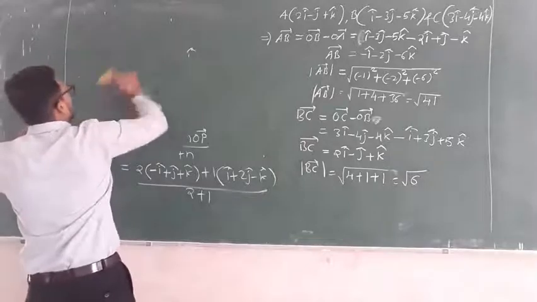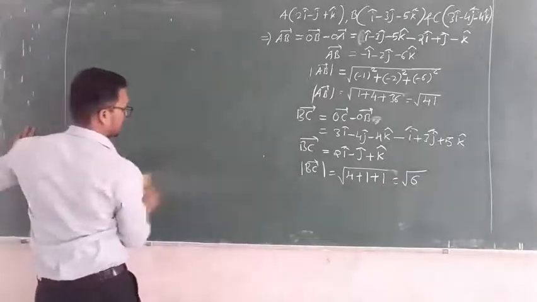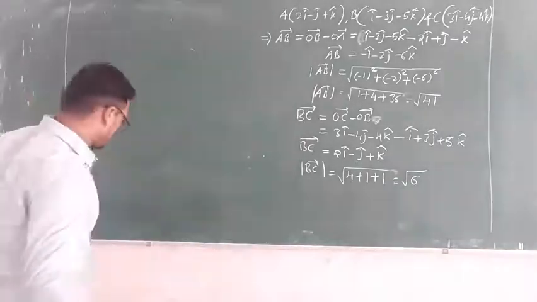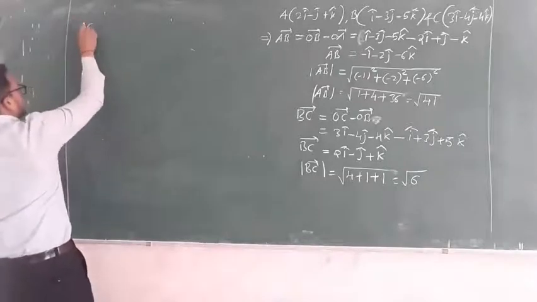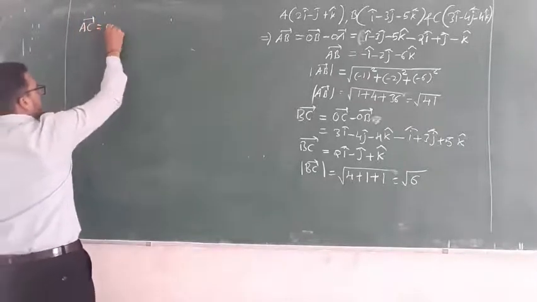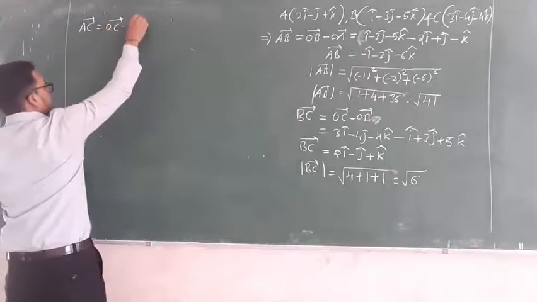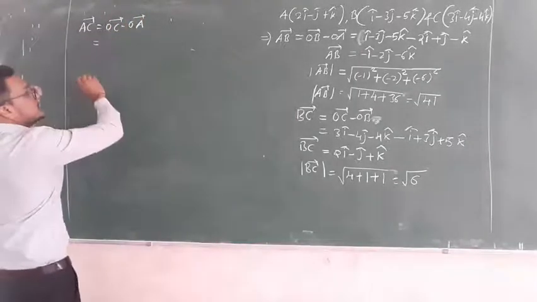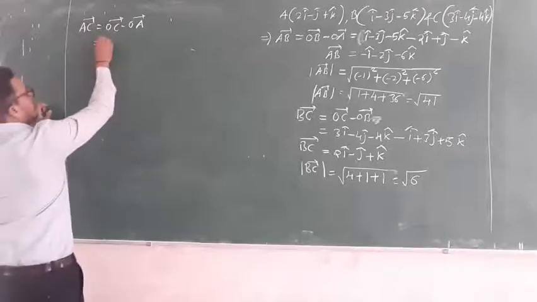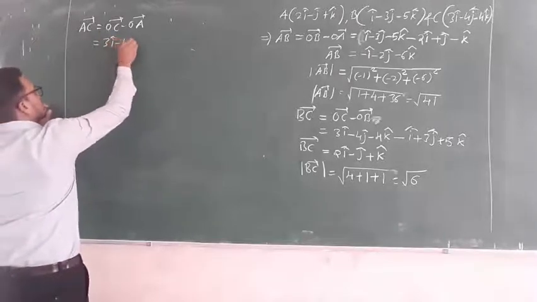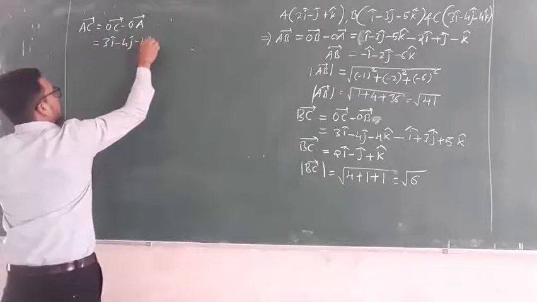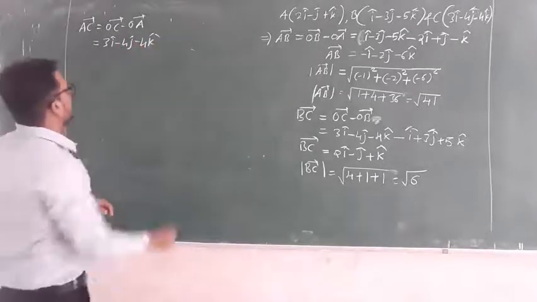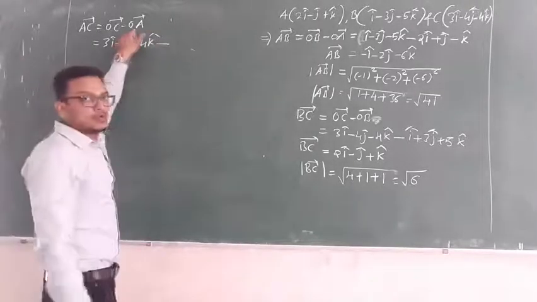Next, one more term you have to find. That is what? Vector AC. So vector AC is equal to what? OC minus OA. So first substitute OC. OC is 3i minus 4j minus 4k, minus vector OA.